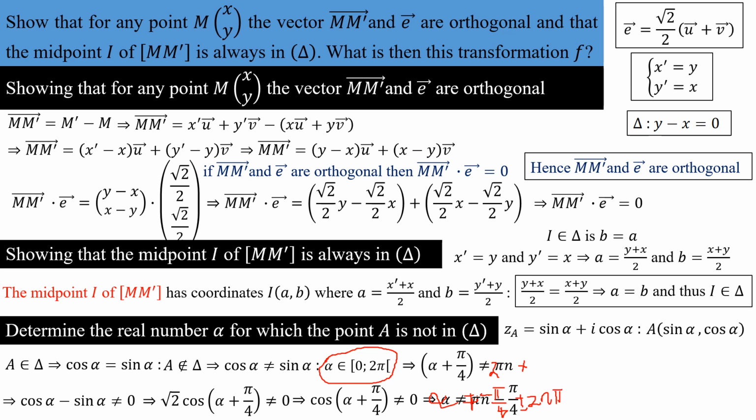When n is equal to 0, you just get the value, but alpha is in a positive region, so you remove it. When n is equal to 1, let's take the positive part, 2 pi minus pi/4, you get the value. When it's equal to 2, you get the value, when it's 3, and then you intersect with 0 to 2 pi, and you get your response, the values of alpha for which A is not in delta.